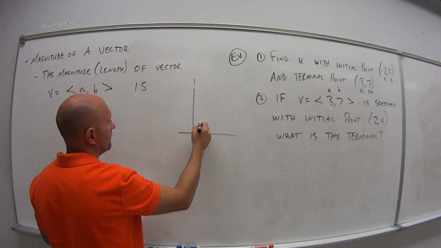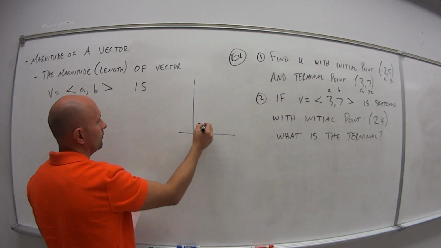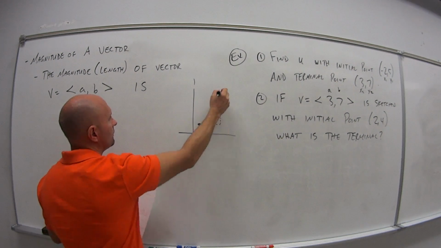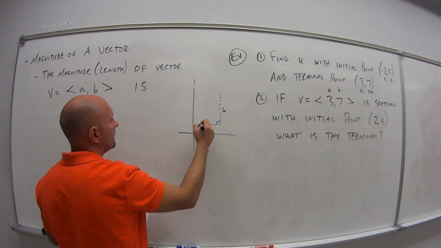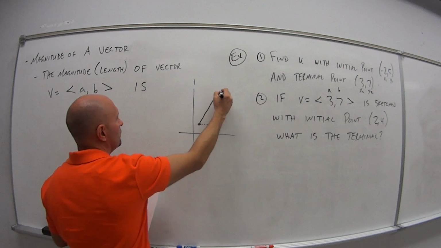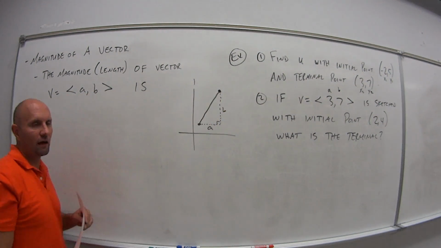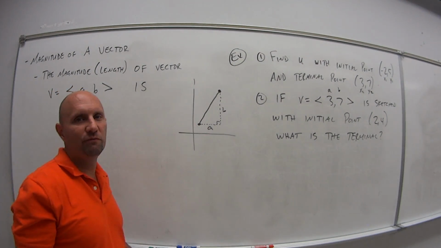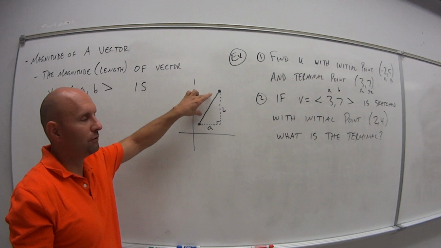Remember, we have some initial point here. We're moving A units left or right, B units up or down, and magnitude would be what? It would be the length of that solid line. So I'm sure you're sick of the formula by now, but I'm sure you can figure out, how do I figure out the magnitude of a vector?